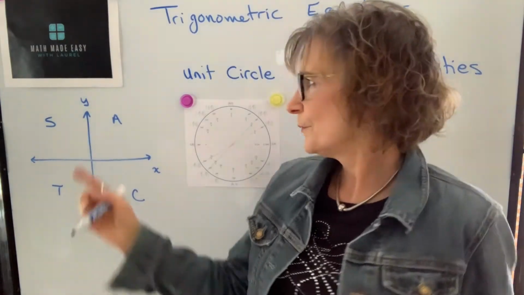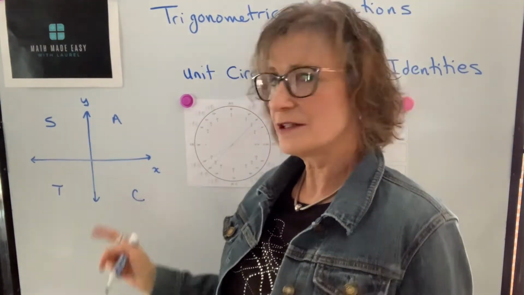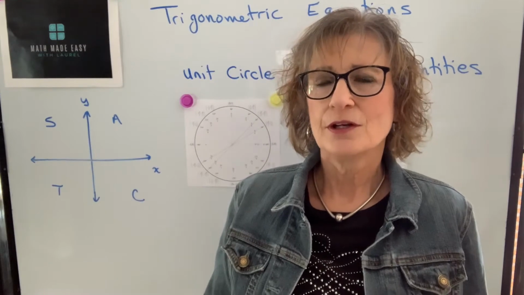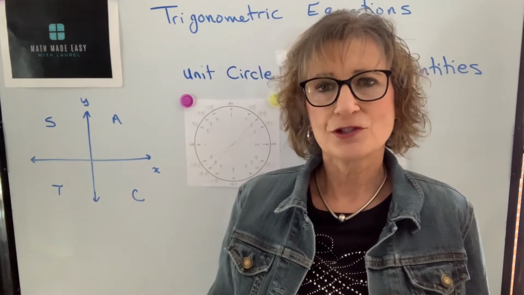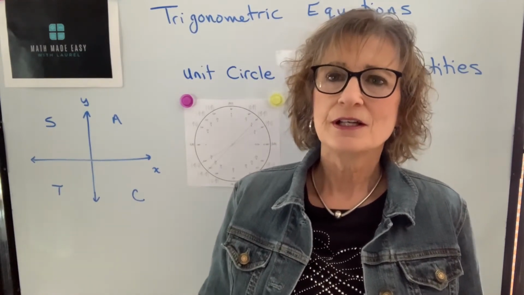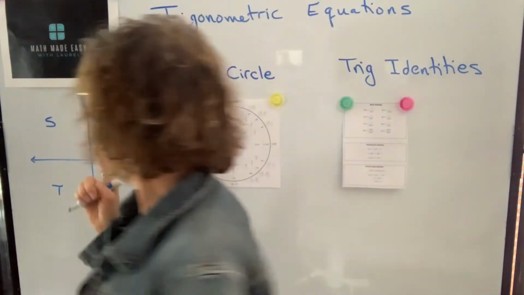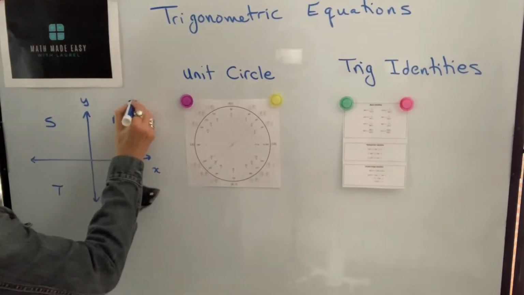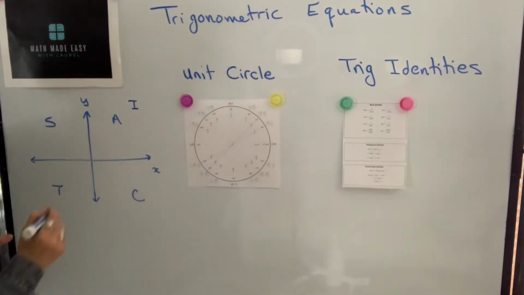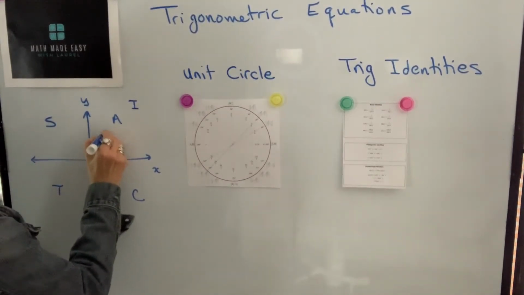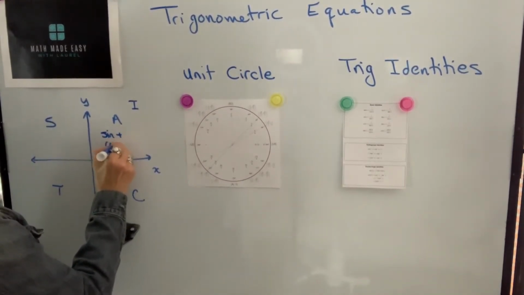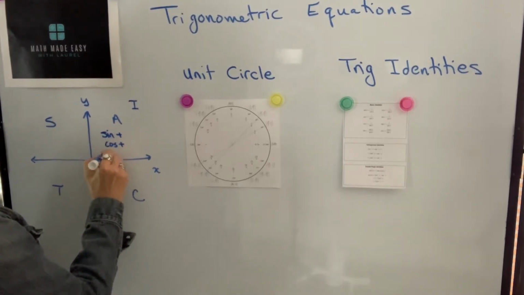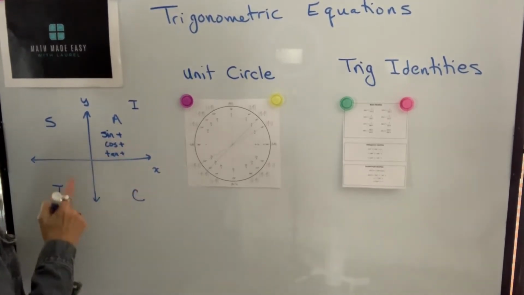If you remember, all students take calculus. It can help you remember the quadrants that the different trig functions are positive or negative in. So for example, in quadrant 1, all of our trig functions are positive. So sine, cosine, and tangent, and their reciprocals.